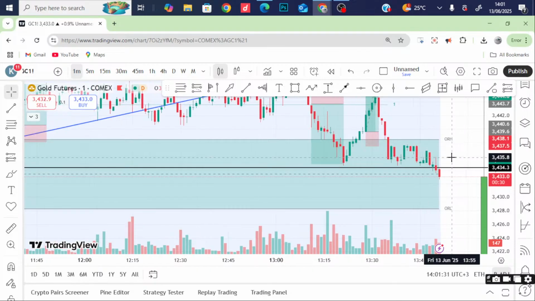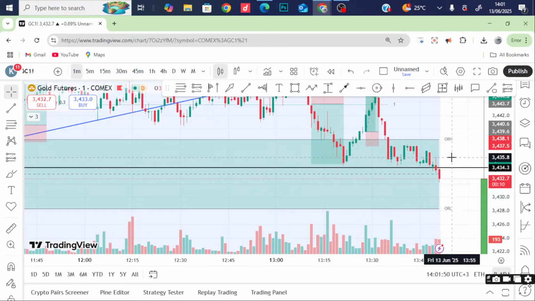We're having that rejection on the downward side, and we can see there is a pullback.